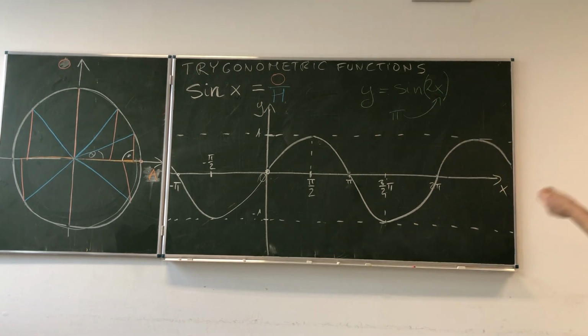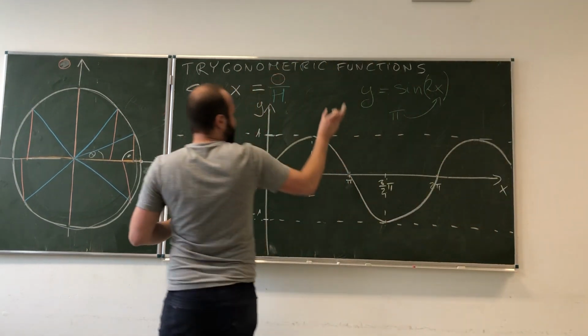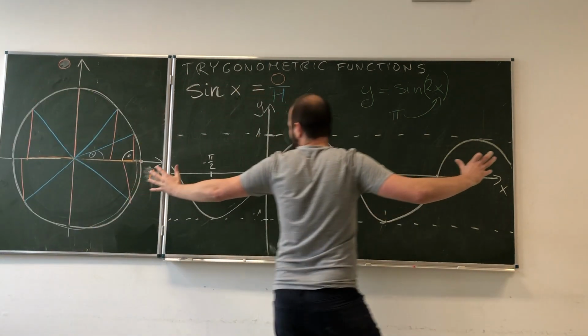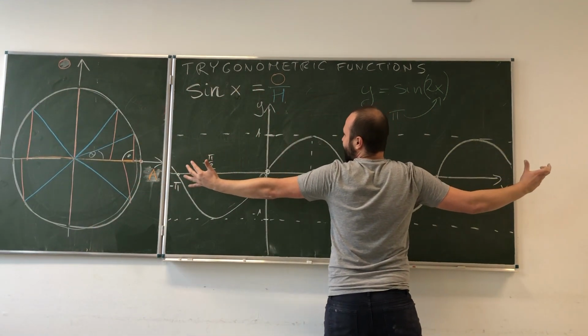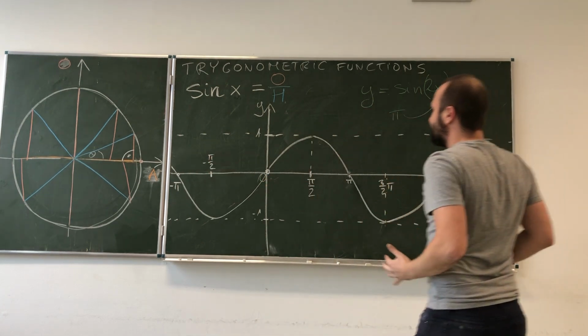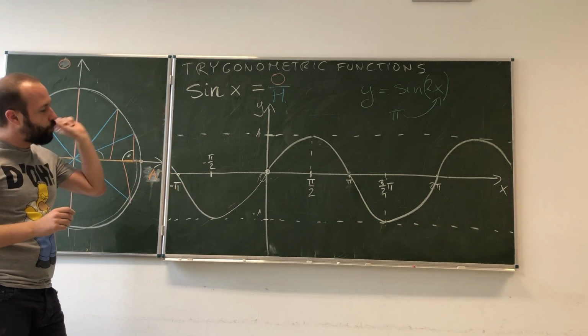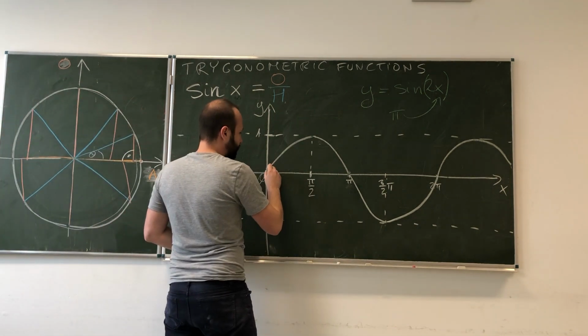So what does it mean? Look, as it turns out, when I put a number that is bigger than 1 inside the sine function, I'm like taking and squeezing it in. Because now look, this function is making full circle twice as fast. So how will we see it?